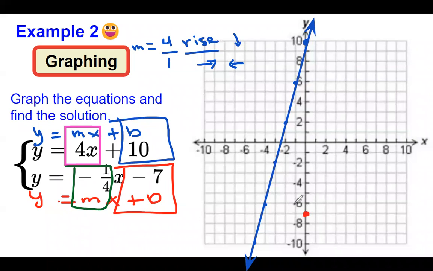So 1 up and 4 to the left. Up 1, 4 to the left. And then 1 up, and then it continues on.